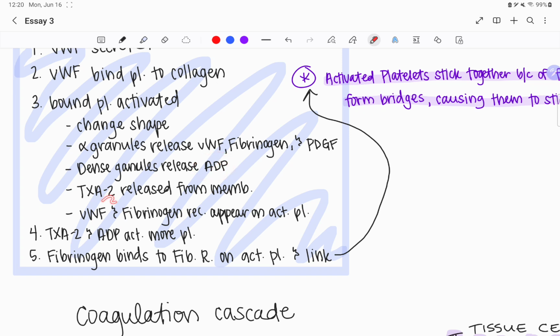Okay? And then also, when a platelet is activated, we see TXA2, which is thromboxane, released from the membrane of an activated platelet. Okay, TXA2 and ADP are important in activating other platelets. So when they're released, they go and activate more platelets.